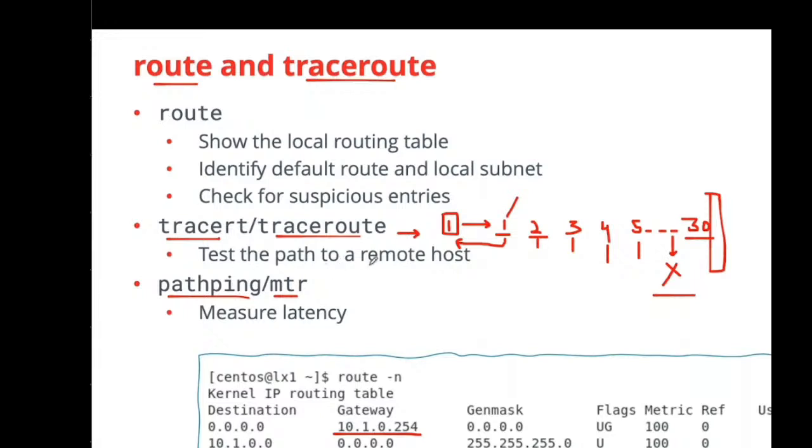We need to test the path to a remote host. That is where we use tracert or Traceroute. Then there is PathPing, which measures the latency and the packet loss along the route over a long measuring period. The same work is done by MTR.